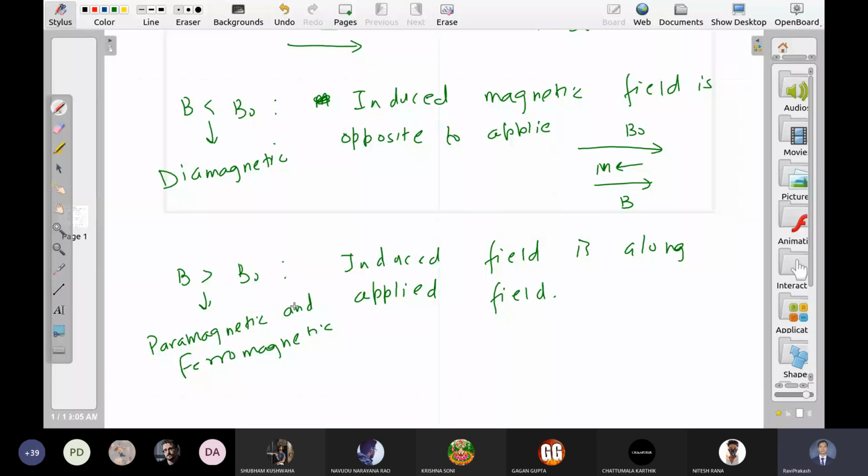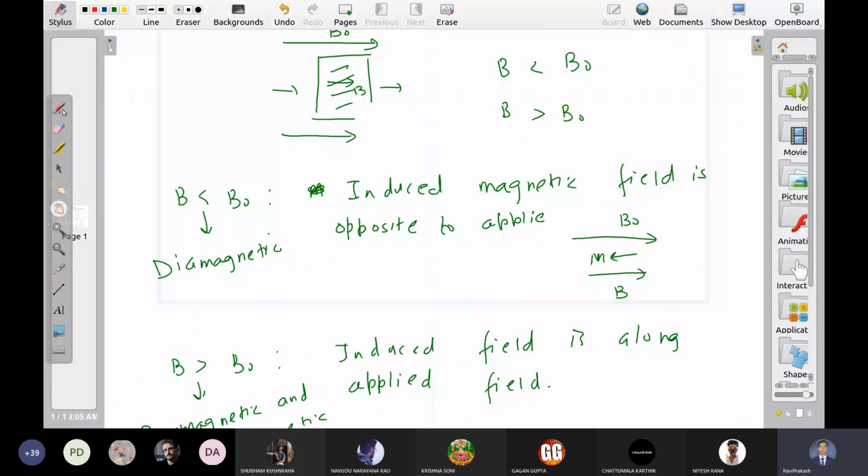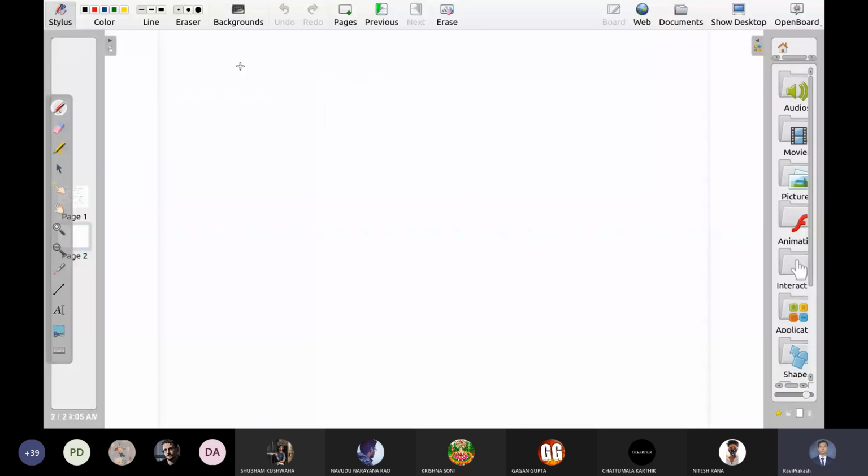So first of all, how do we characterize these materials? Let us say we have two diamagnetic materials and they are different. How do we characterize which one is a stronger diamagnet than the other one? So we use a term which is called magnetic susceptibility, and we usually represent it by the symbol chi.